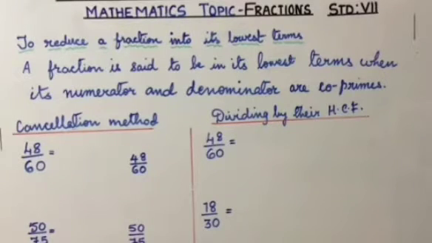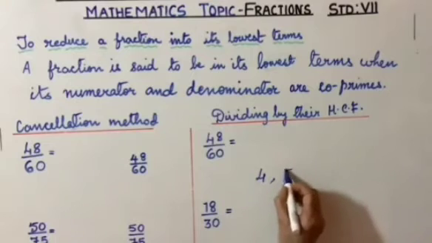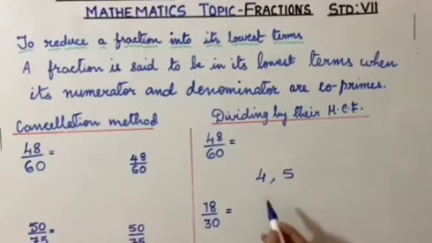Okay, so what co-primes are, let me remind you. Suppose I have, let's say, 4 and 5. What are the factors of 4? Can you tell me? Yeah, you may start writing.